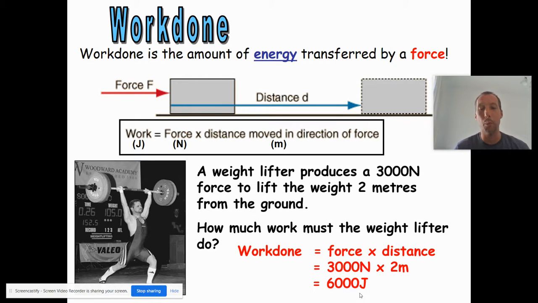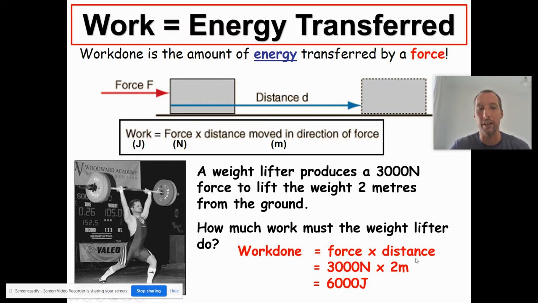Now, in this case, that work done is going to be equal to the gravitational potential energy gained by that weight. So you're doing work against gravity. So if he puts in 6,000 joules of energy, then that weight has now got 6,000 joules of extra gravitational potential energy. So when you lift things against gravity, the work you do is just turned into extra gravitational potential energy.